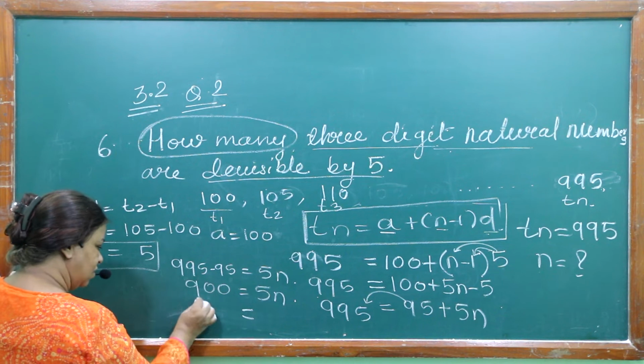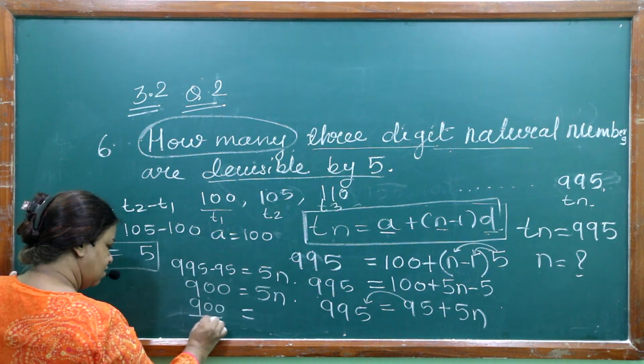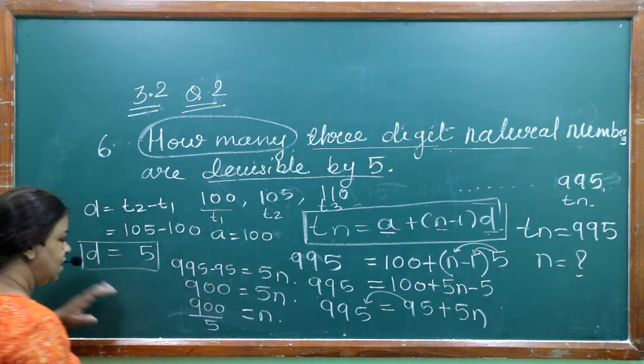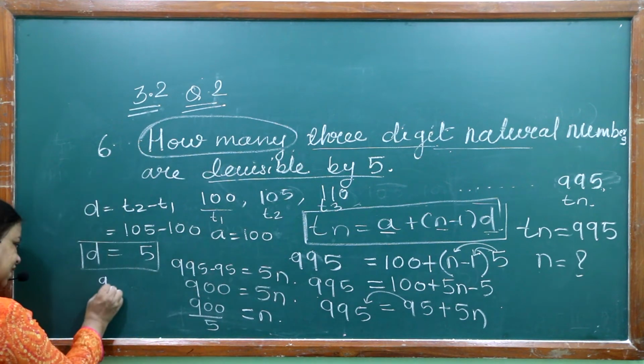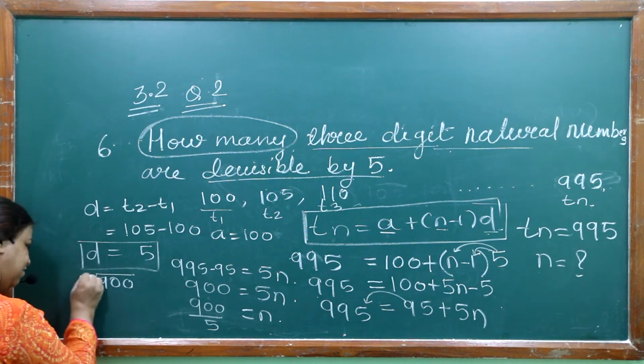So 5 will go down. 900 upon 5 is equal to n. If we divide it, let me divide 900 by 5.